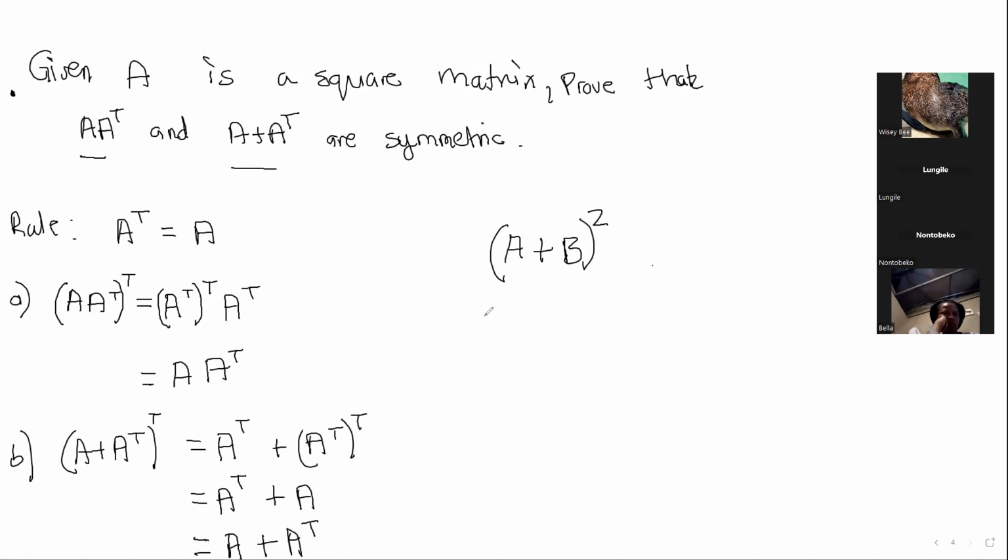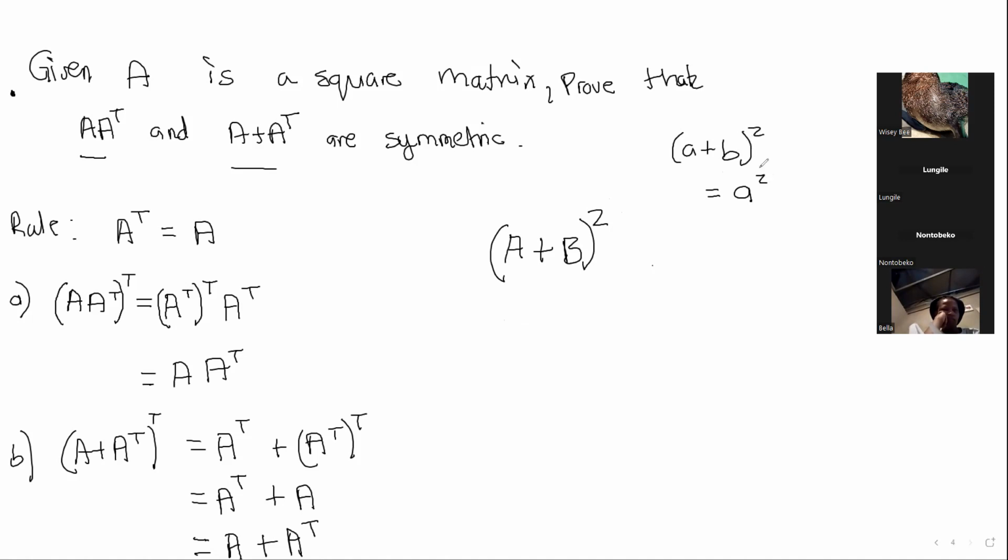You have a square. Normally, let's say we have A being a number, not a matrix, plus B squared.